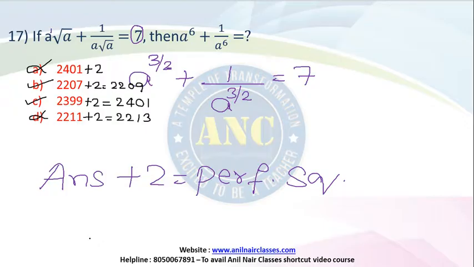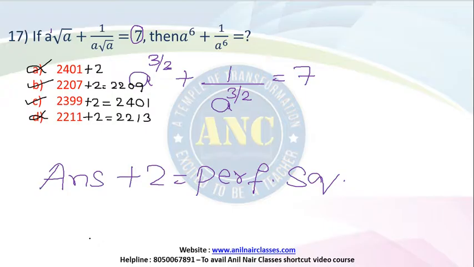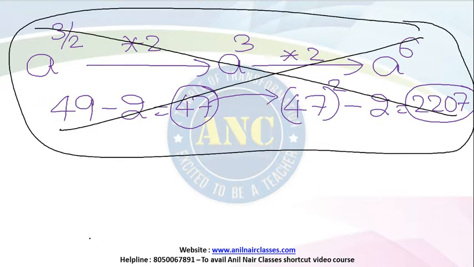Question number 15 and question number 16 has only one option, then this calculation what you are seeing on the screen right now is not required. But because there are two options which are perfect squares in this question, I should definitely go with this particular logic. I hope the idea is clear.